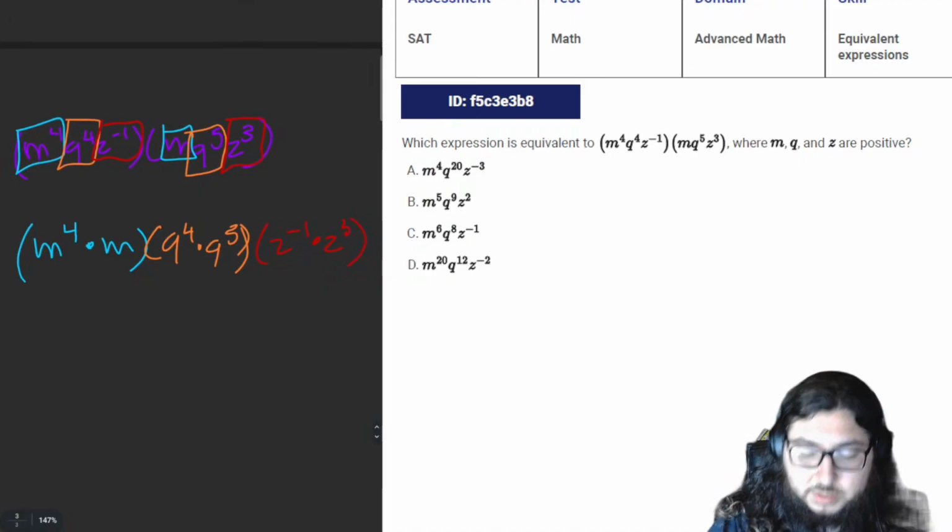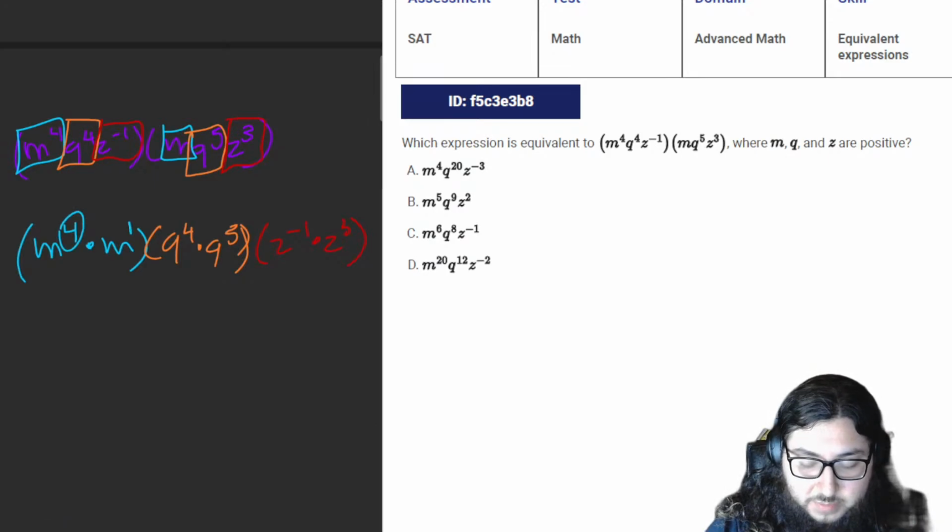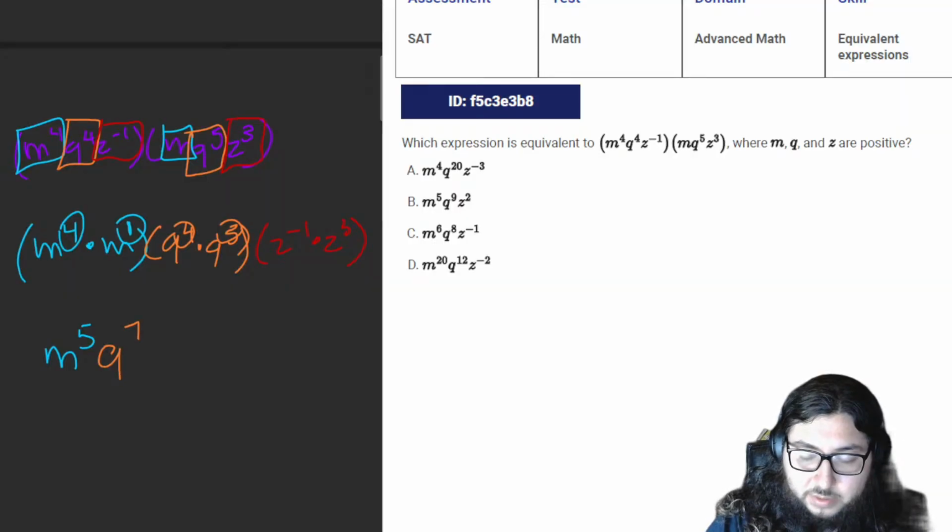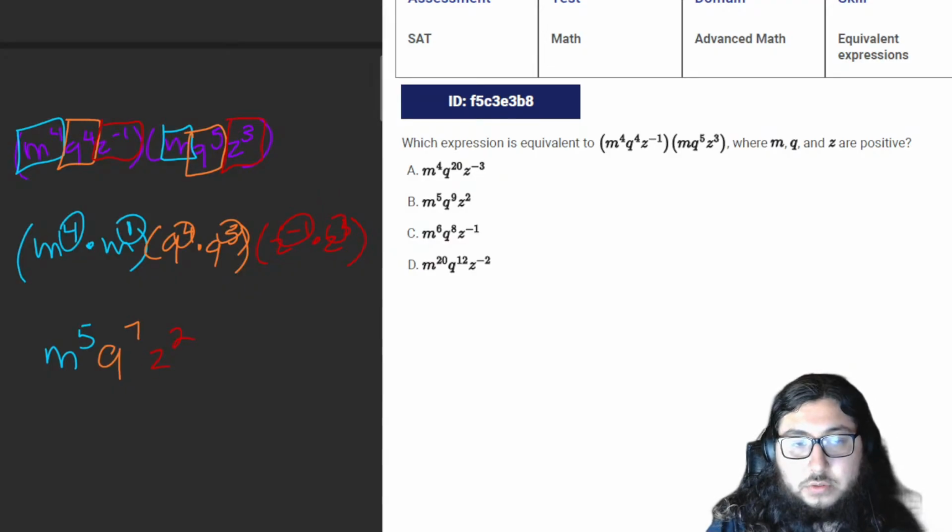Ignore my weird threes. M to the fourth times m. So we're just going to add 4, and there's an imaginary 1 here. So 4 plus 1 is 5. Here we have 4 plus 3. So 4 plus 3 is 7. Finally, we have negative 1 and 3. So z to the second power, because negative 1 plus 3 is 2.